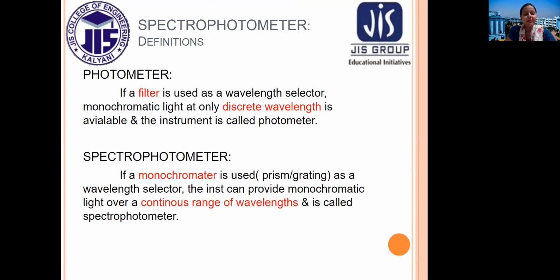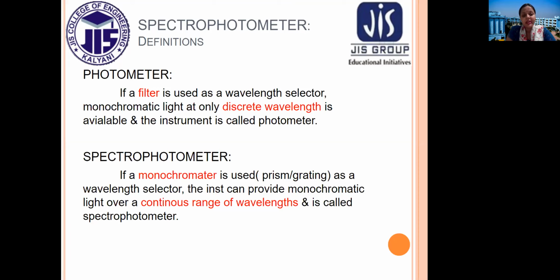Now some spectrometer definitions that we need to understand. First is the photometer. What is a photometer? If a filter is used as a wavelength selector, monochromatic light at only discrete wavelengths is available, and the instrument is called a photometer. Now what is a spectrophotometer?